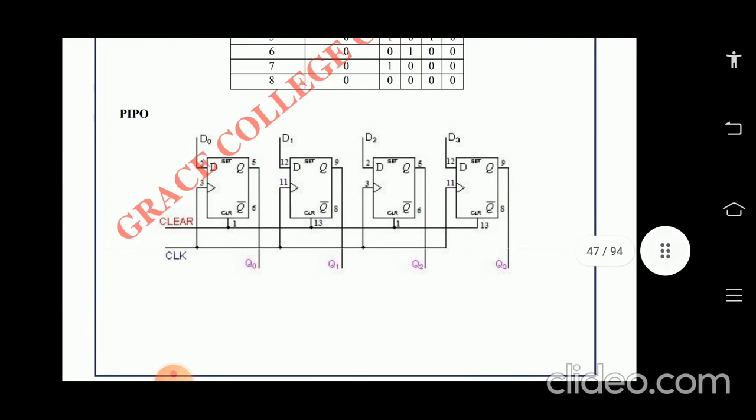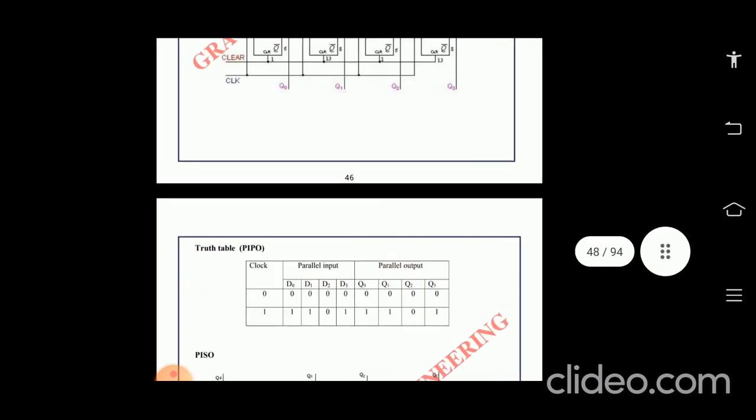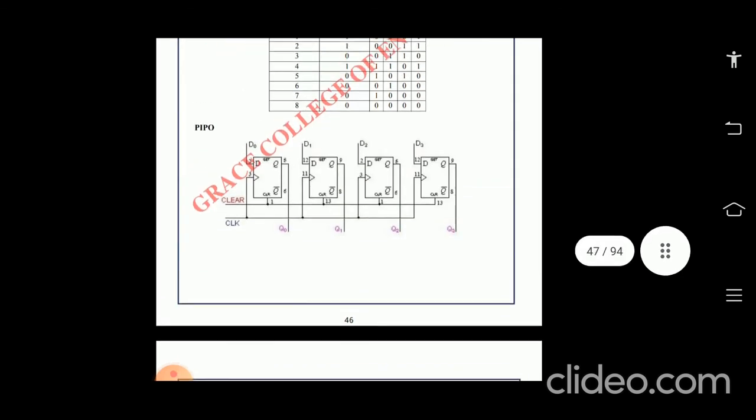At the corresponding pins we have LEDs in our breadboard connection. Whenever we give the first clock pulse, our parallel output will blink like this: Q0, Q1, and Q3. Here Q2 alone won't blink; three bits will blink on our output side.